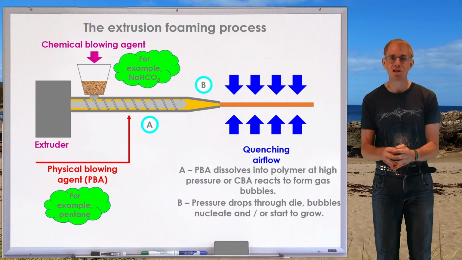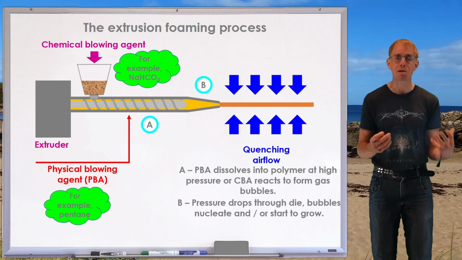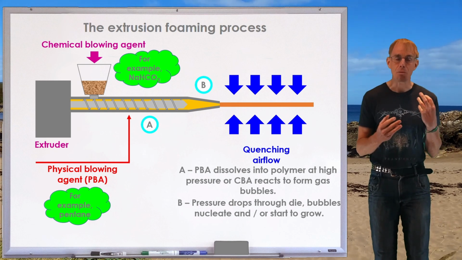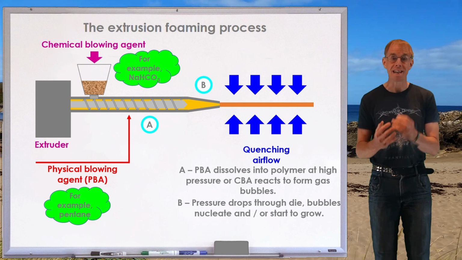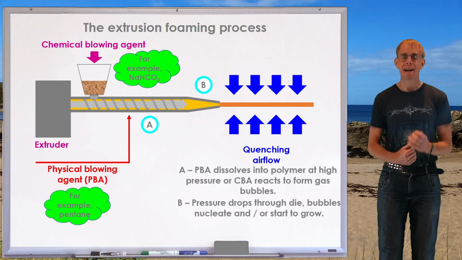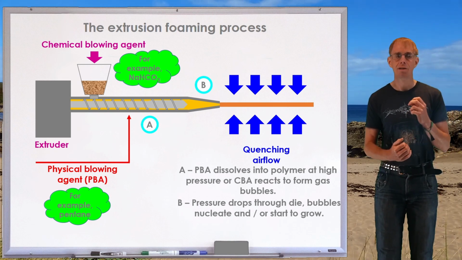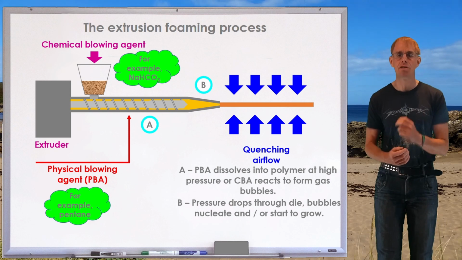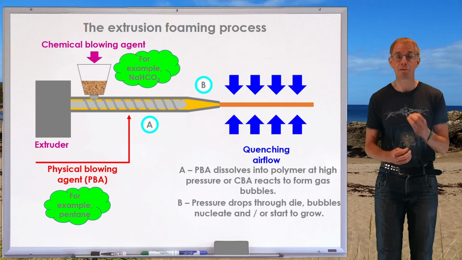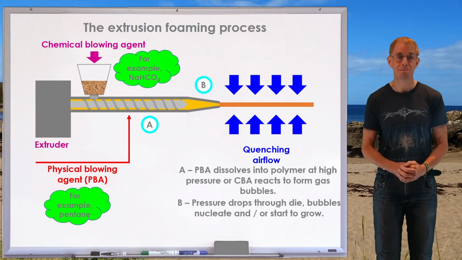So you need a nucleation site first of all, and then you've got that mass transfer process from the solution within the polymeric matrix out into that gas phase. So it's a very, very academically and intellectually challenging process to completely understand every single step, because nucleation is actually a very, very complex process, and we're not going to go into those details here.